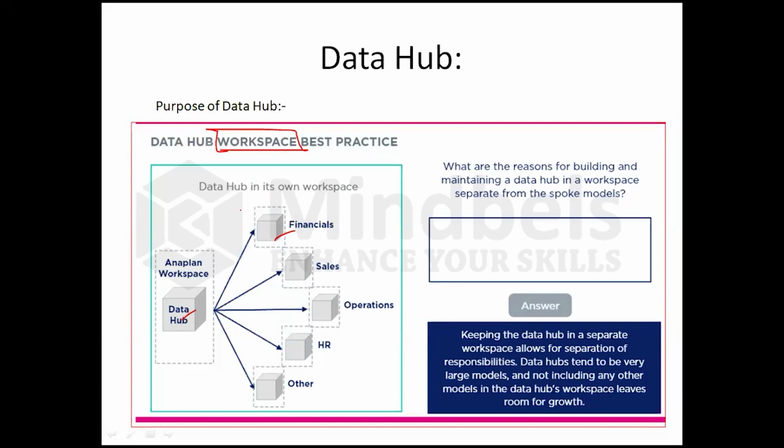Because this gives the flexibility to control security better, because users will be different. I already told you, users will be different for finance models and the data hub, so it will be easier to control security. That's why they are saying a different workspace. And also it will give better performance to the model.